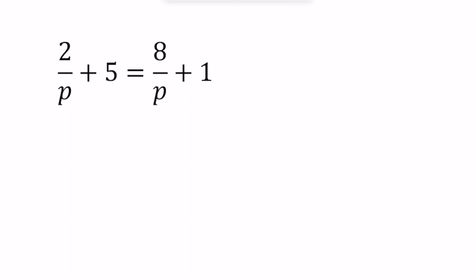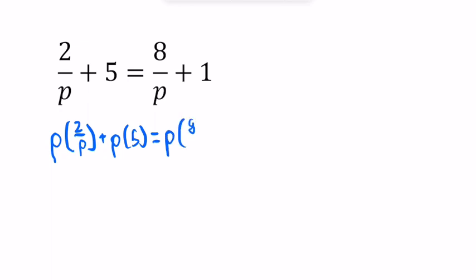So here we have one denominator, which is p. So we're going to multiply p times every term, whether it's a fraction or not, in order to get rid of the fractions. p times 2 over p plus p times 5 equals p times 8 over p plus p times 1.